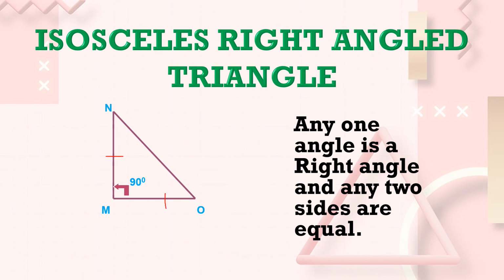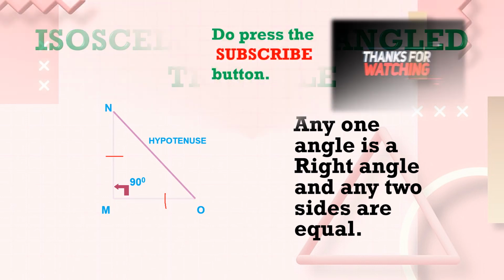So this type of triangle has a right angle also, and here the two sides are equal. So it is called an isosceles right angled triangle. And obviously this is called the hypotenuse, the side which is opposite to 90 degrees.